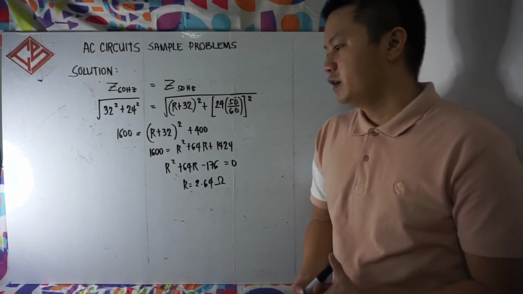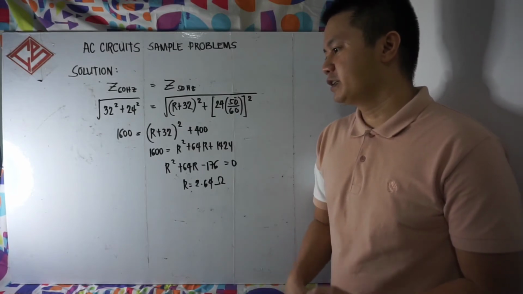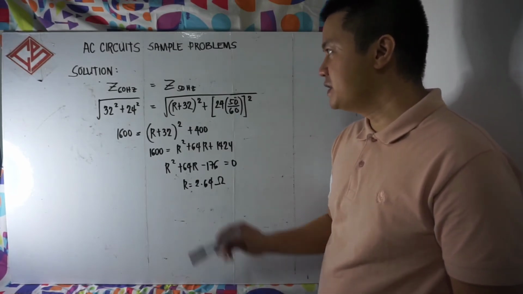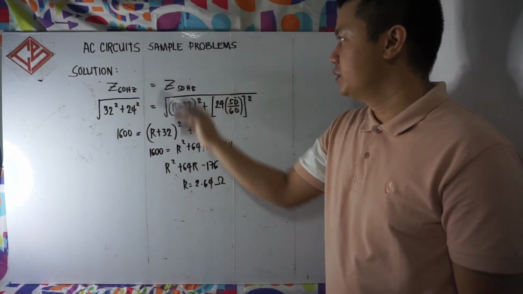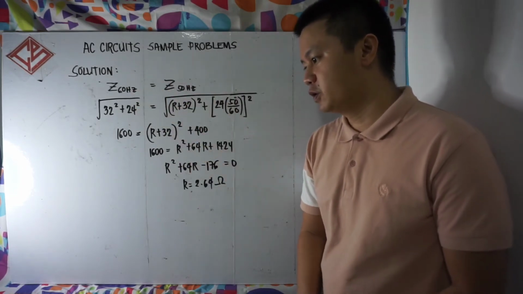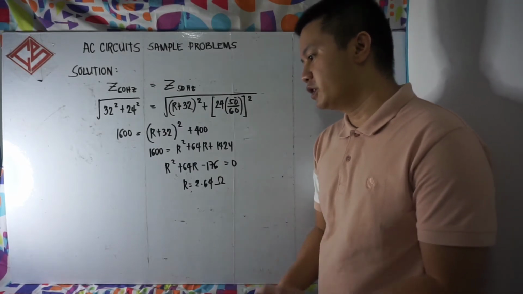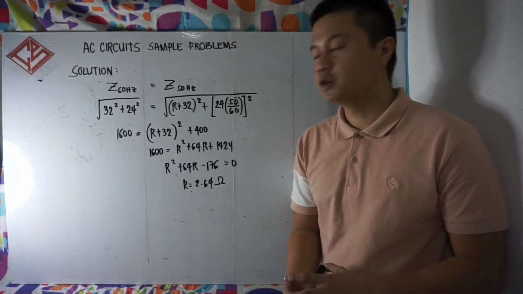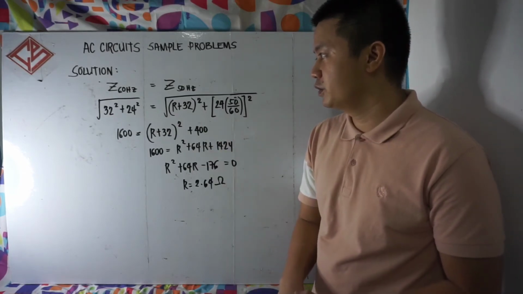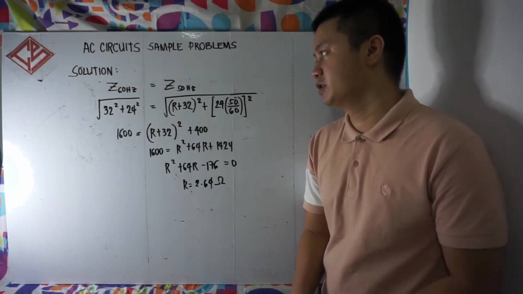To avoid overcurrent, the impedance at 60 Hz must be equal to the impedance at 50 Hz. So a resistor is needed to be connected to the system to avoid overcurrent condition.